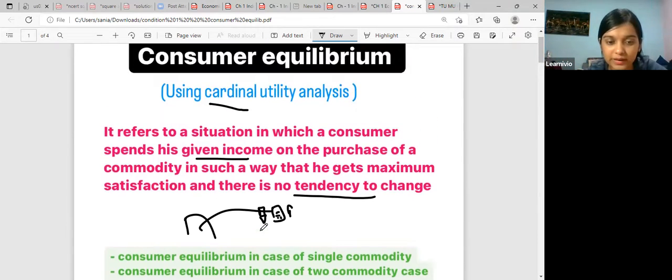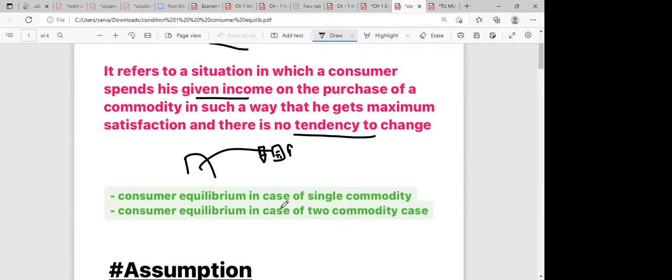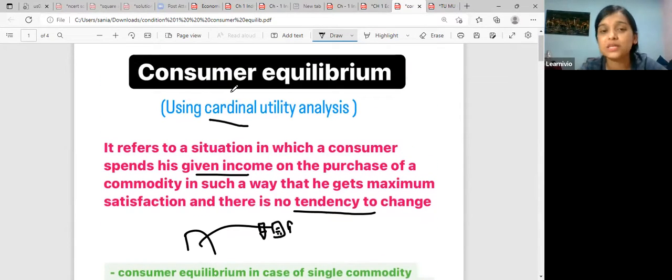So first of all, you will write this, consumer equilibrium, then in bracket this. Teacher, can you explain the definition of consumer equilibrium once again? This one? The upper one. It refers to a situation. Okay. That one. What is consumer equilibrium, right? So ma'am, it refers to a situation in which the consumer spends his income. See, if you want to purchase something, you have to spend your money, right?